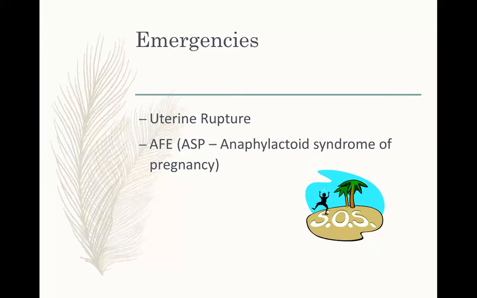The mortality rate is 61%, and we're going to see DIC and hypoxia. We're going to want to intubate ASAP and replace the blood losses. We would potentially deliver immediately or potentially wait to stabilize the mom, depending on what's going on.